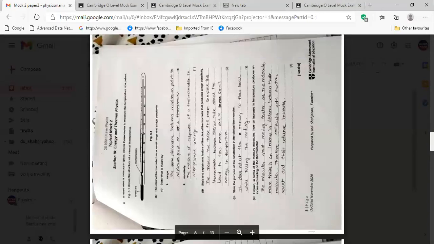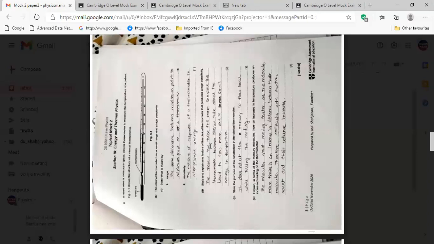Question 5A1. Okay, the next one: state and explain one feature of the clinical thermometer that produces a high sensitivity.